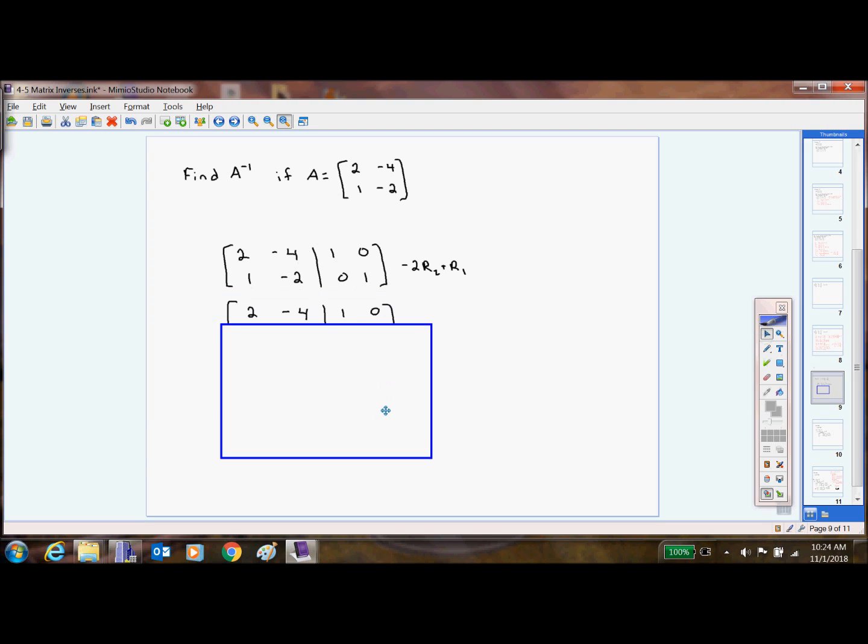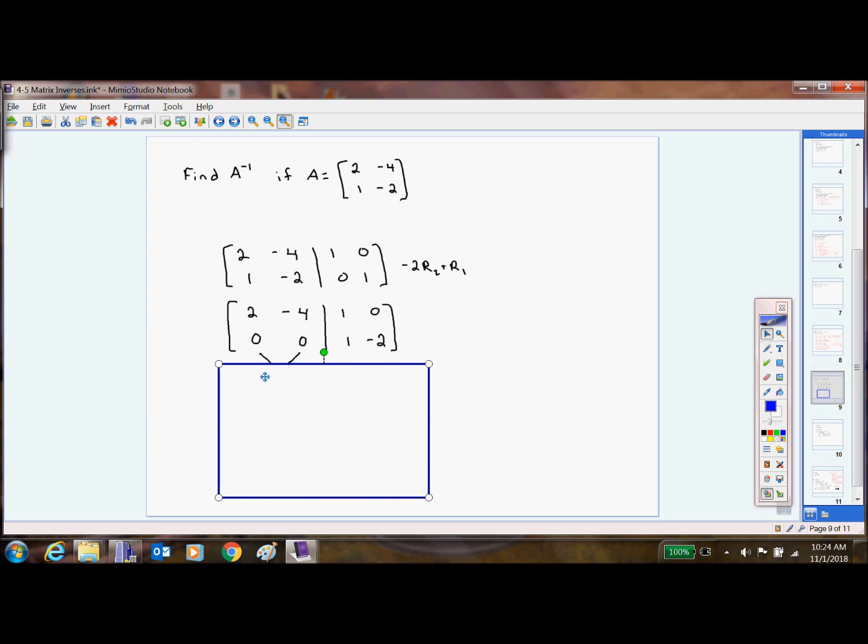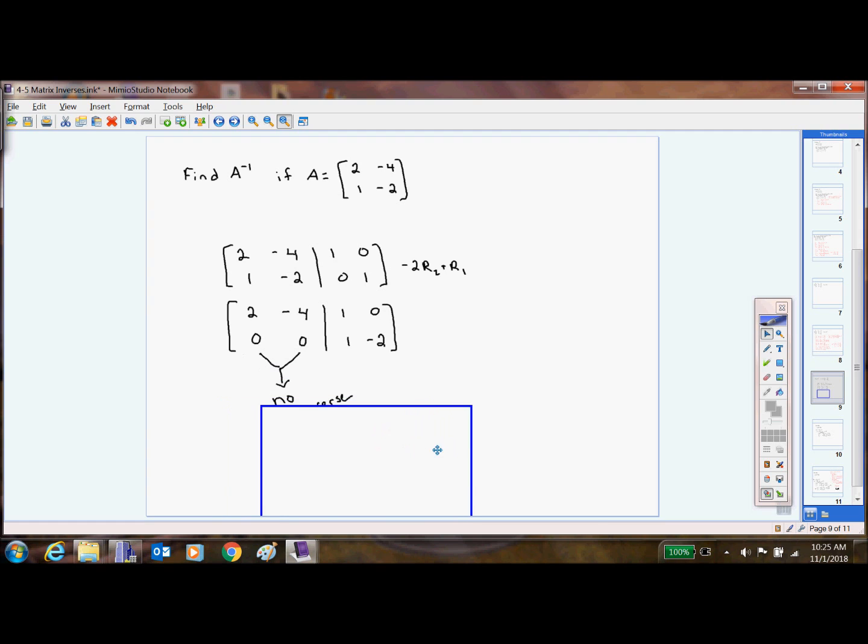And once we have a situation where you've got a 0 and a 0, we have a problem, and the problem is that it's going to be impossible to get a 1 here by any kind of row operations and still maintain a 0 here. So what that tells you is that 0x plus 0y equals 1x and -2y. It just doesn't work out.